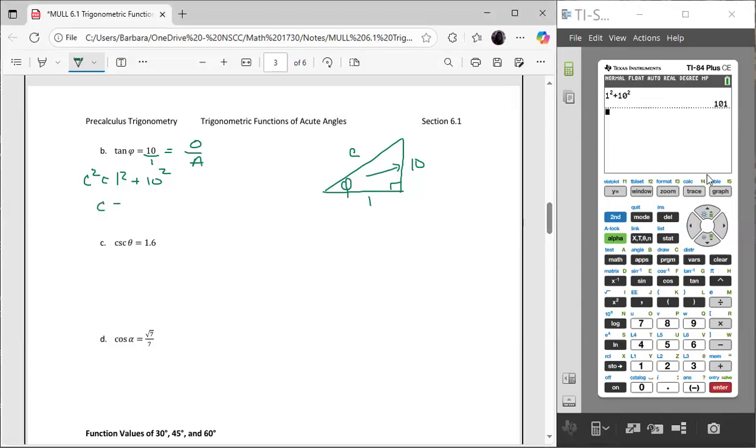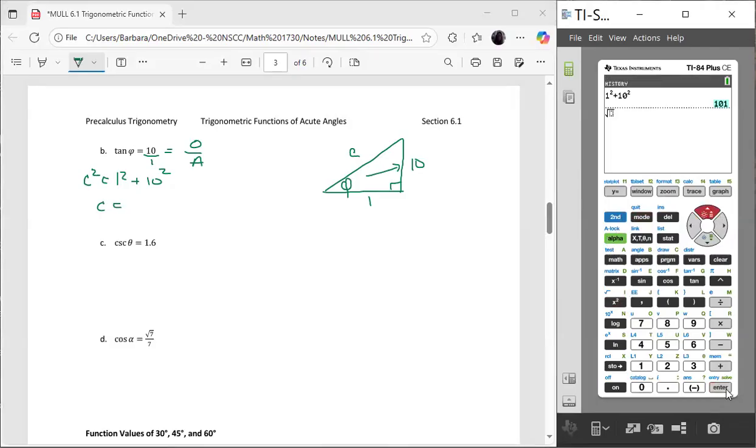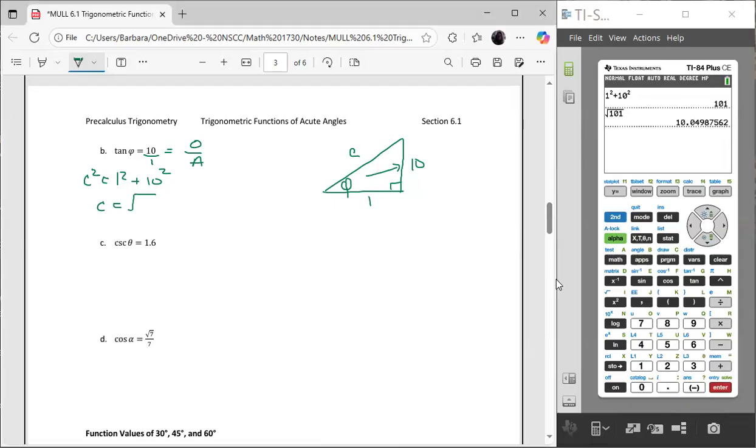So C is the square root of 101, which is 10 point, actually we could just leave it as an exact number. So C is the square root of 101. And now we can find the rest of the trig functions. So sine of phi is opposite over hypotenuse. So that's 10 over square root of 101.